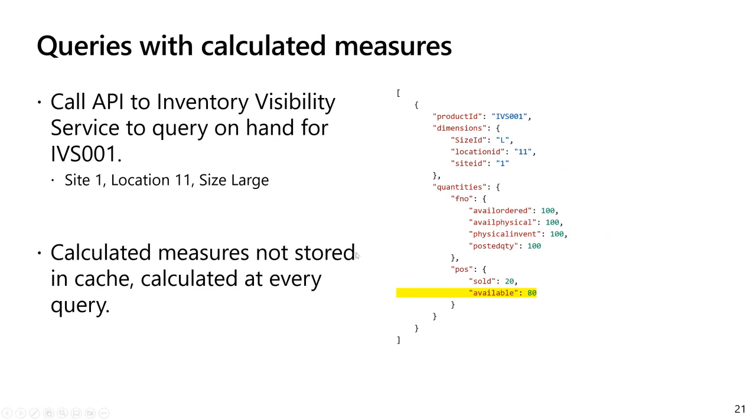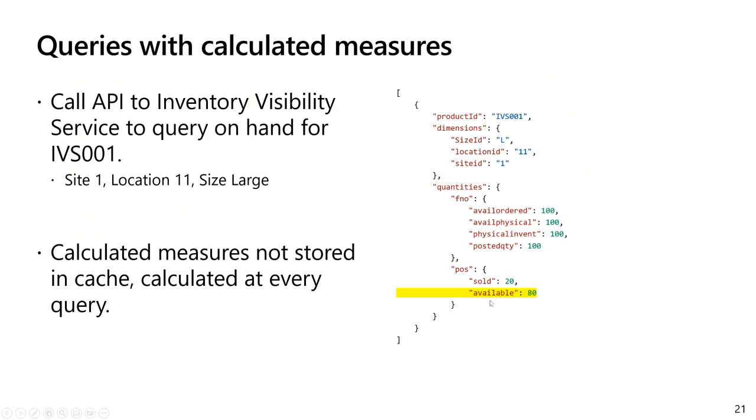This is what the response body looks like. Apart from all the existing values that we showed a few slides ago, we have a new entry under the POS system. As you can see, the available value equals the available physical subtracts POS sold.